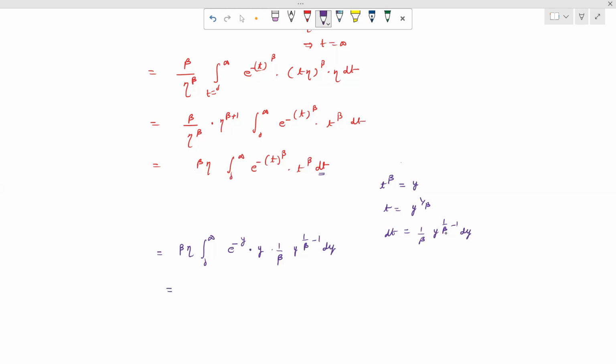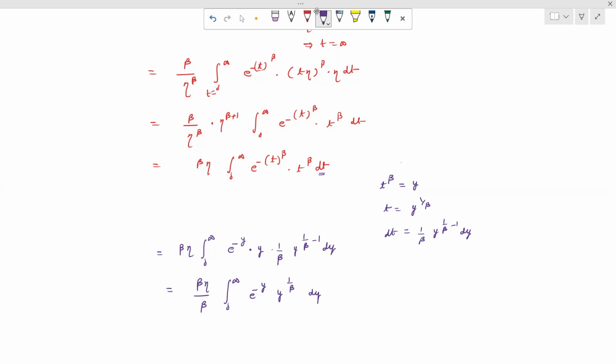So beta upon beta we take outside, and this gives us 0 to infinity, e raised to the power minus y, y raised to the power 1 upon beta, into dy.